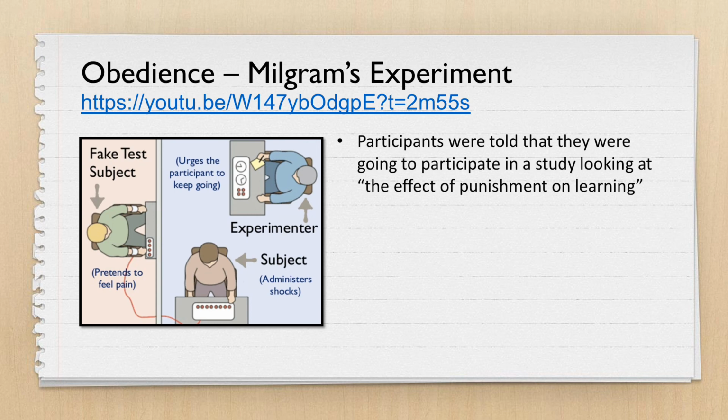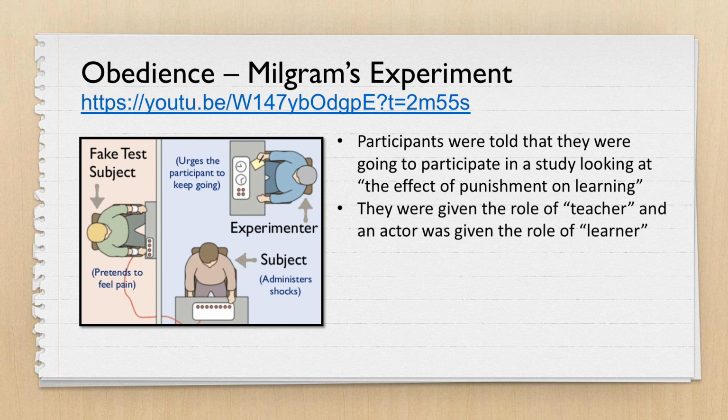So, to briefly summarize this experiment, participants were told that they were going to participate in a study looking at the effect of punishment on learning. They were given the role of teacher, and a confederate was given the role of learner. What the participant didn't know was that their supposed partner was actually a trained confederate.